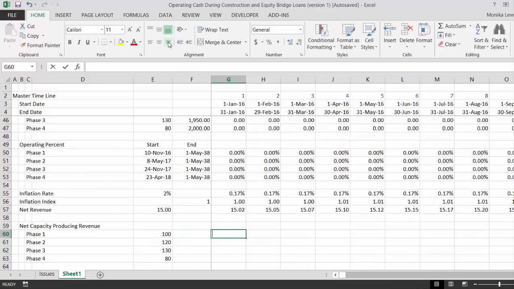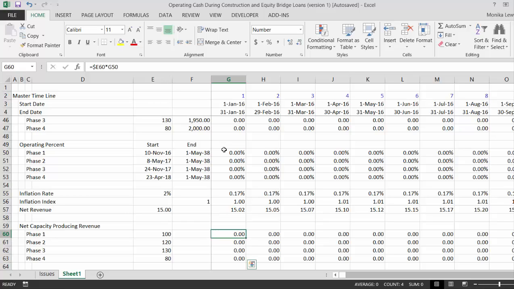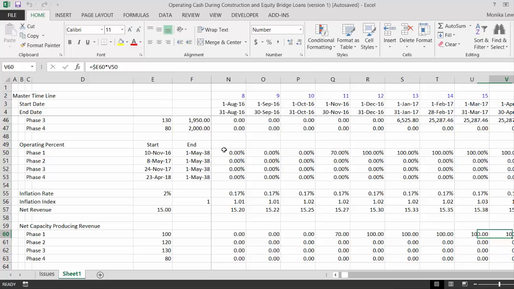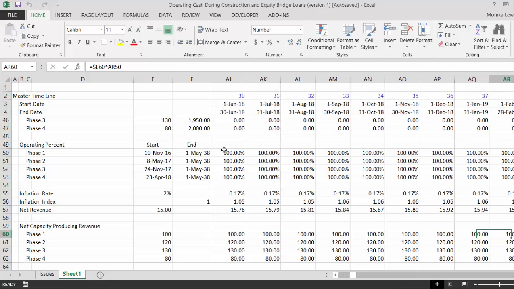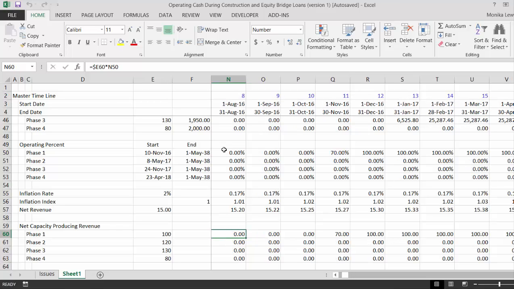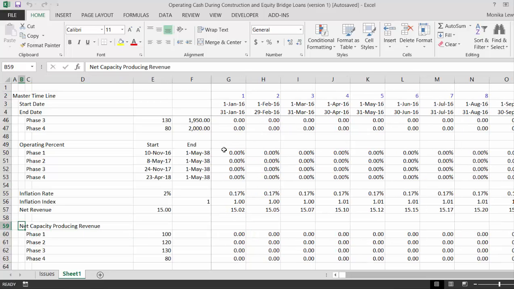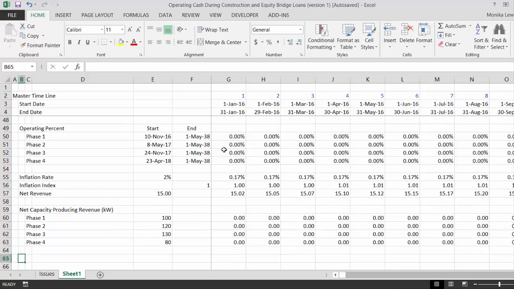And we can press F4 a few times, the operating percentage. Here's our revenue, our capacity. Of course, I should always put the units, much better than I've been doing in this exercise.